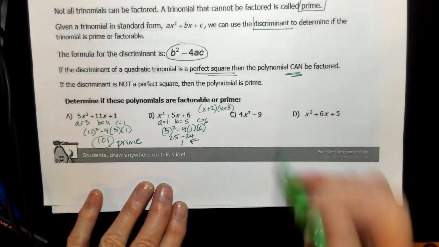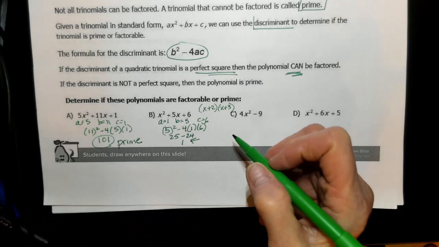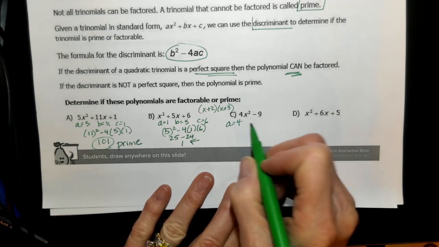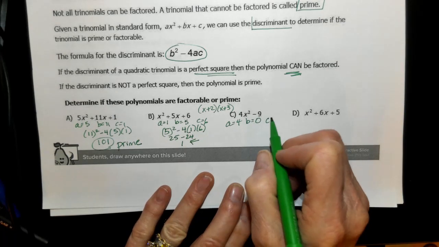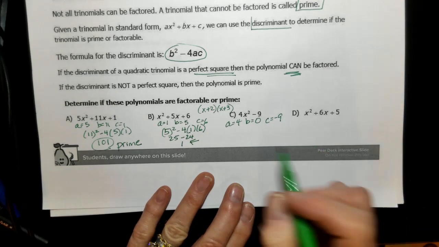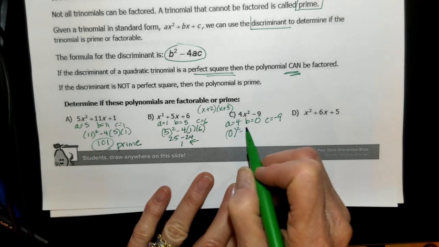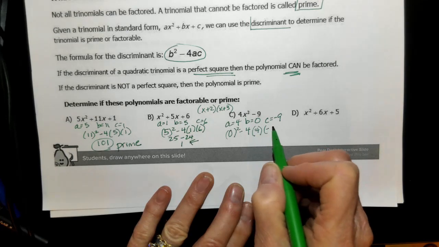Now, our next one is a binomial, so please pay attention here, because on this binomial, a is 4, b is 0, there is no x term, and c is negative 9. So it's 0 squared minus 4 times a times c.